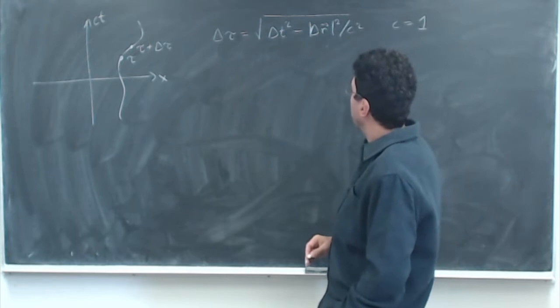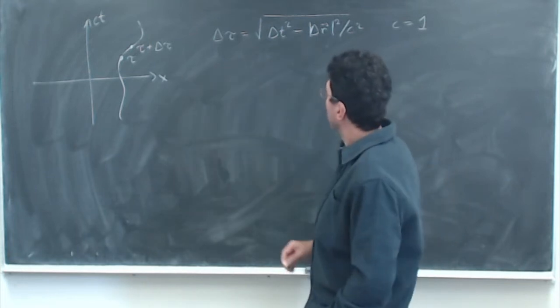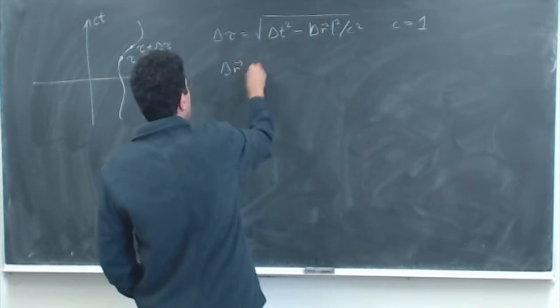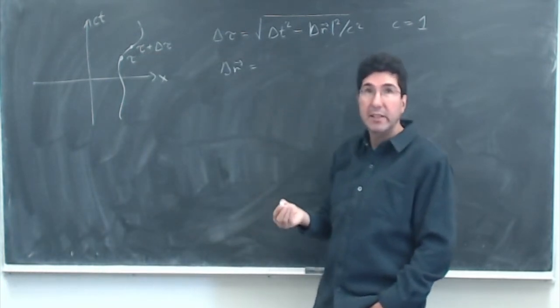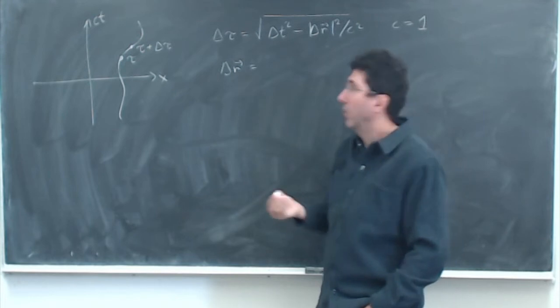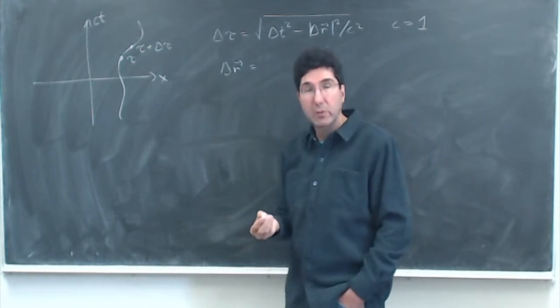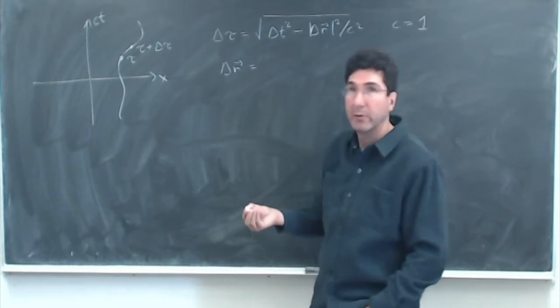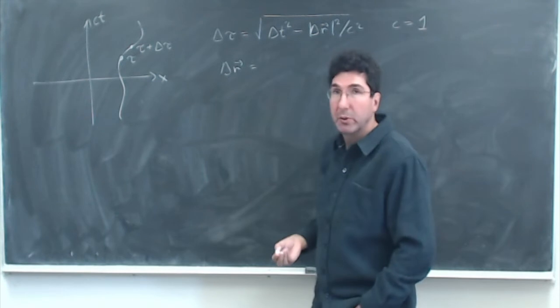Now since these 2 points are close together, I can approximate delta r as being the instantaneous velocity times the change in time. We're going to follow the notation of Griffiths, even though I don't like it very much, so you will agree with what the book says.